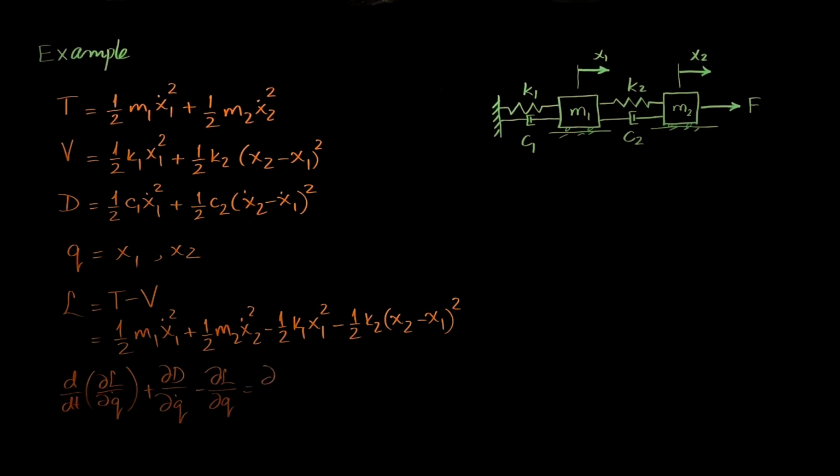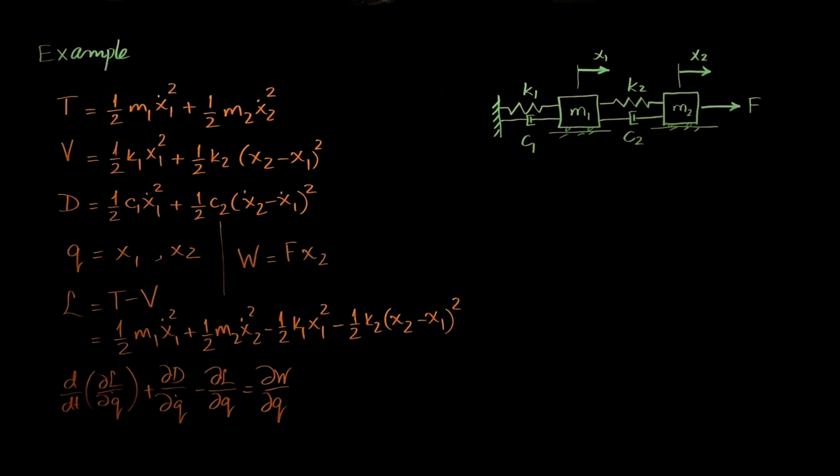equals partial work partial q, and the work in this case is we have one external force F causing a motion x2, so the work will be F times x2.